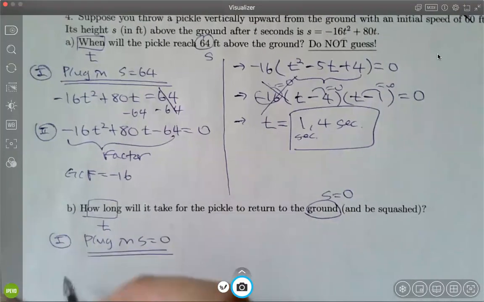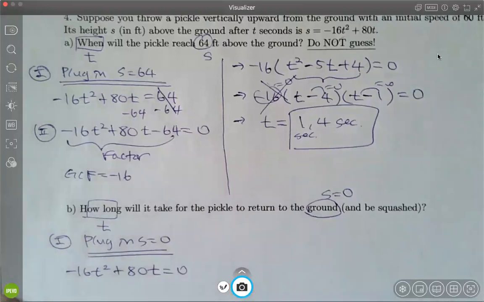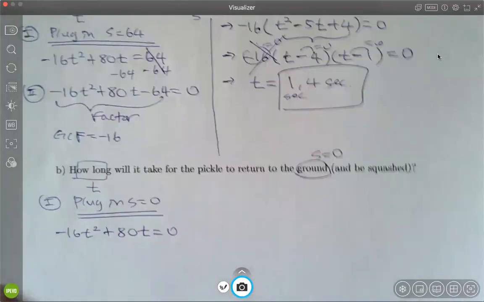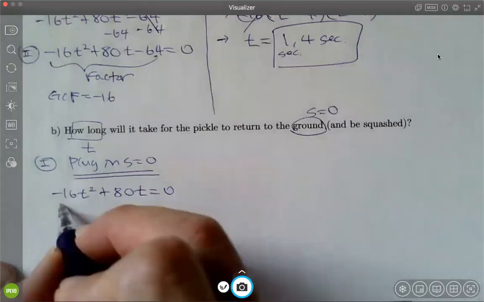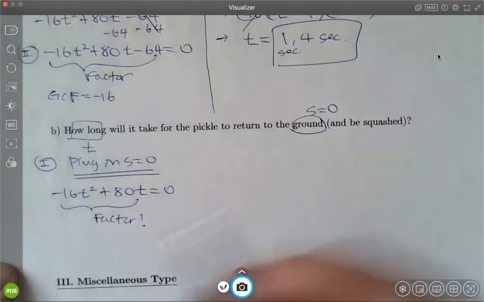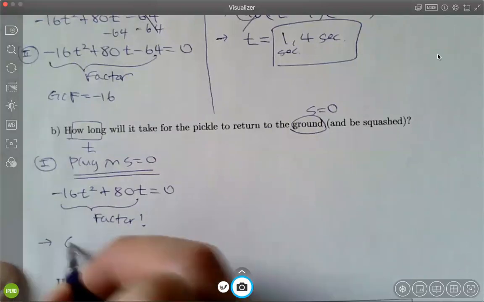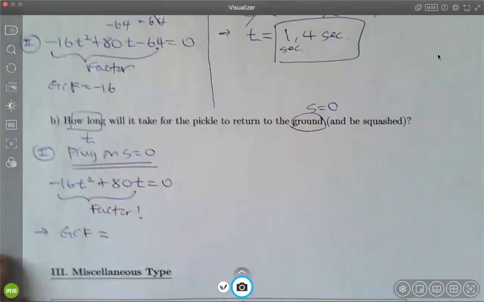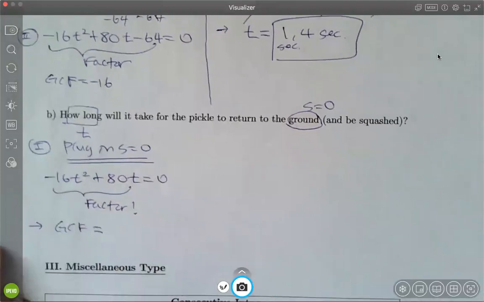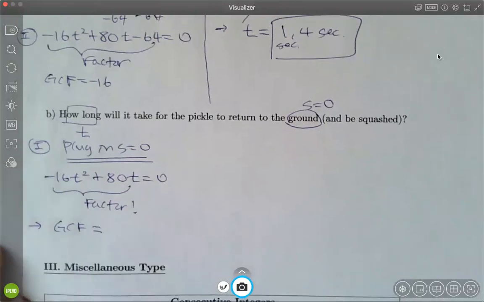So we have negative 16t squared plus 80t is equal to 0. Now let's see if we can factor this. Can you take out something? Can we take out the 16 again?